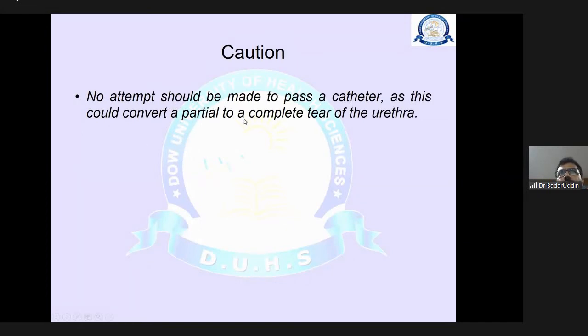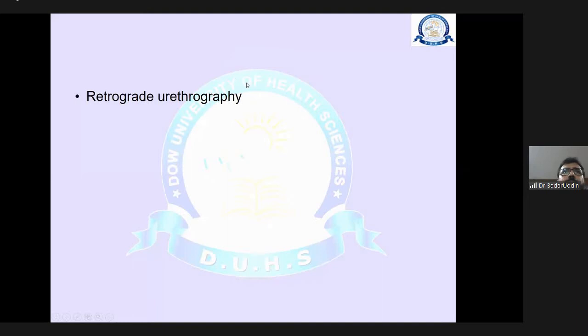This would convert a partial to a complete tear of the urethra. In the end, you pass a suprapubic catheter and do a retrograde urethrogram, and that will guide you clearly if there is any injury in the urethra. Later on, urologists will do the rest of the treatment related to the urethra.